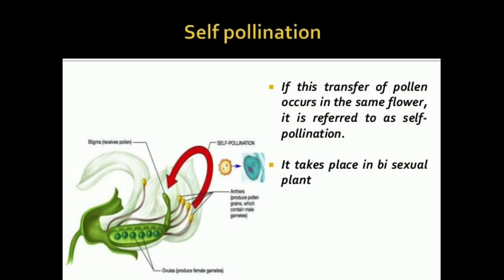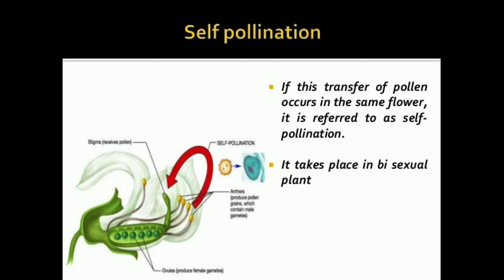So there are two different types of pollination. First one is self-pollination. If the transfer of pollen occurs in the same flower, it is referred to as self-pollination. If the pollen of the flower is transferred to the stigma of the same flower, then it is called self-pollination.